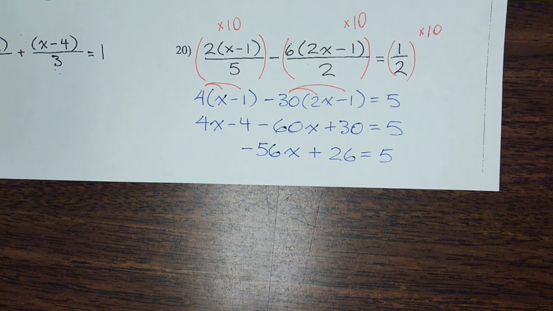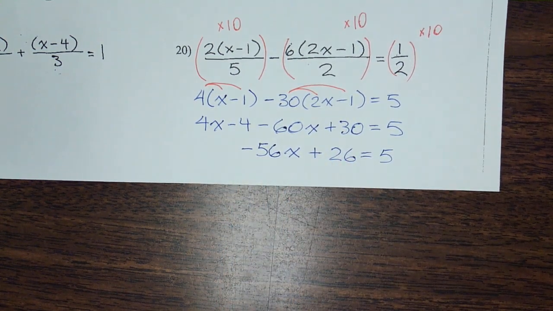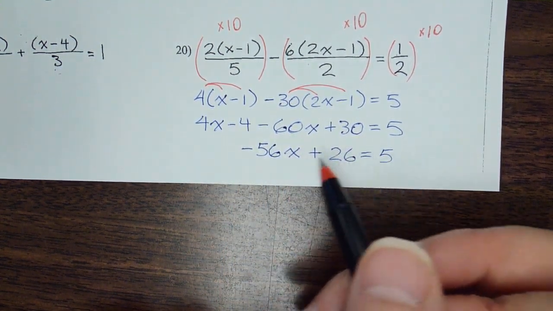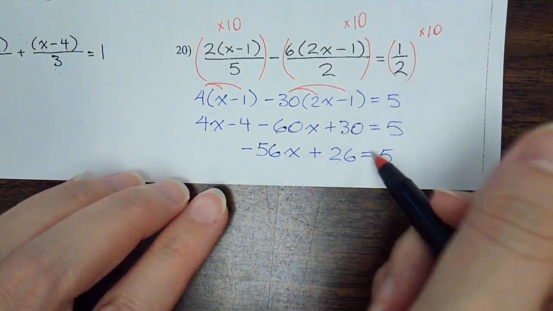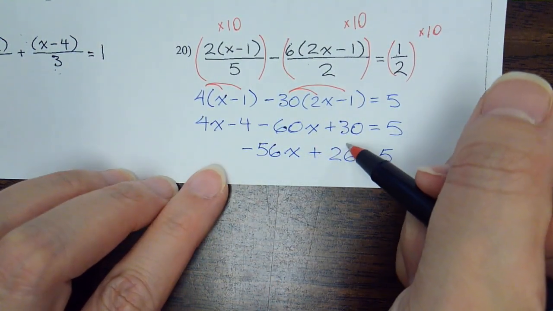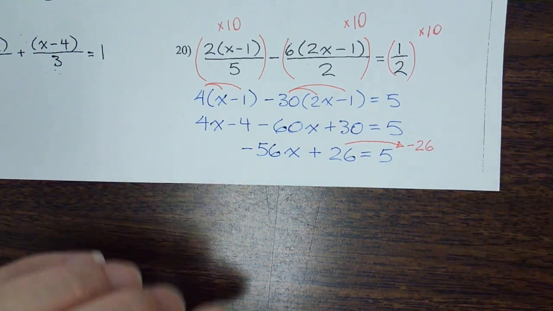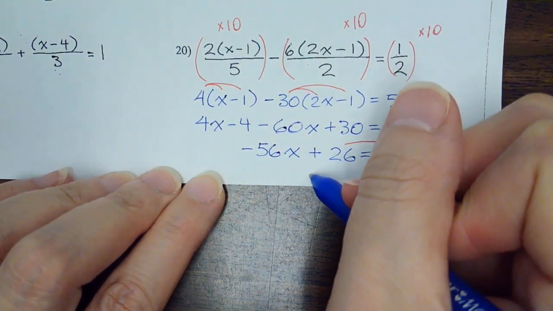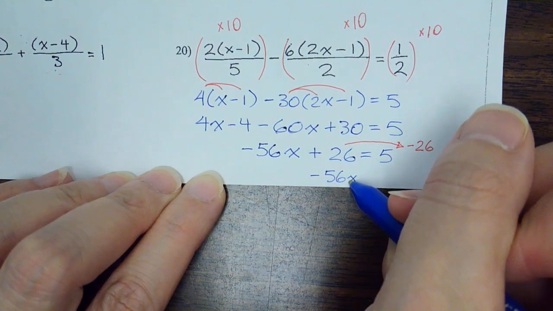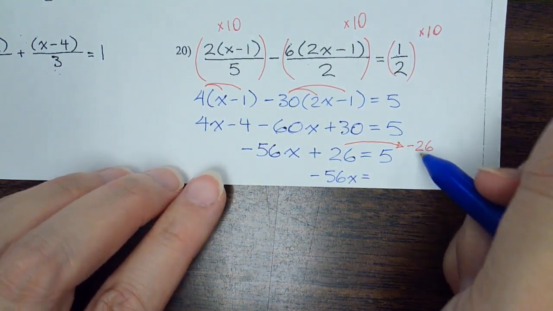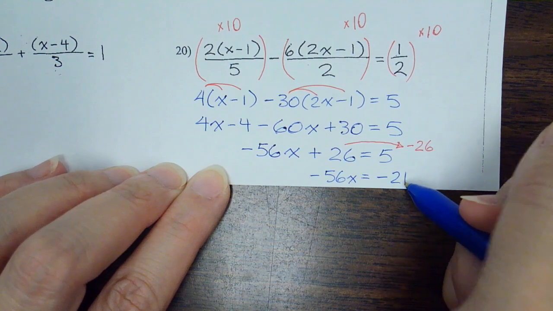Okay. So this is like the questions that you guys were doing before, the simple questions. I moved the 26 over to the other side by subtracting 26. So I get negative 56x equal 5 minus 26. I get negative 21.